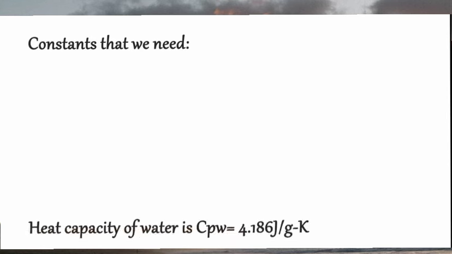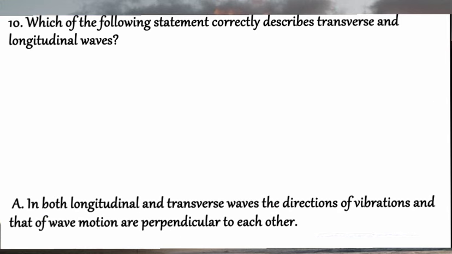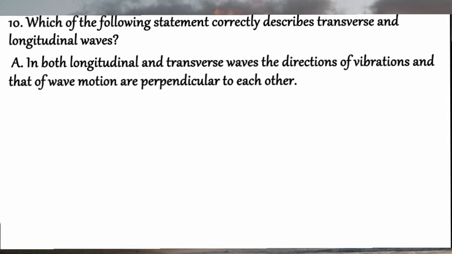Question number 10: which of the following statements correctly describe transverse and longitudinal wave? A: in both longitudinal and transverse wave the direction of the vibration and that of the wave motion are perpendicular to each other.